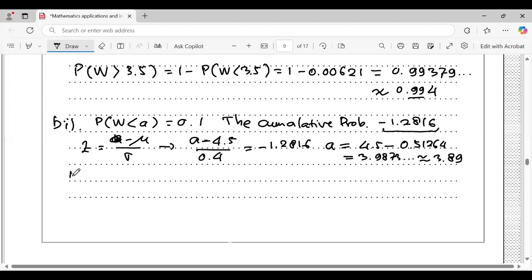Part 2, we need to find B. So the probability that W greater than B, according to the information, is 0.1. Or we can state that the probability W less than B equals 1 minus 0.1, which is 0.9.